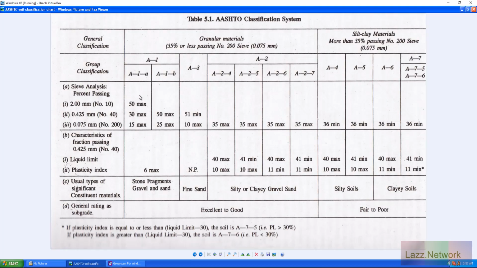Your number 10 is what's considered coarse sand, and your number 40 is what's considered your medium sand, and you're not really going to get that in stone fragments and gravel. It's only including sand because you can have sand particles, or finer rock particles, included with your stone fragments and gravel.